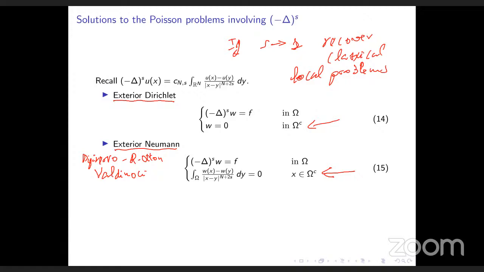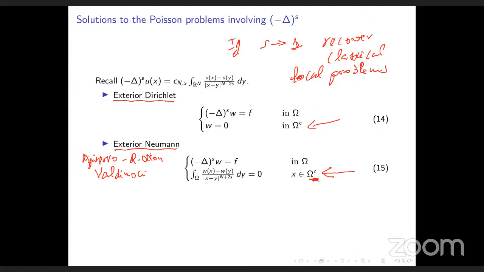And since then it attracted many people. And in fact, there are interesting probabilistic interpretations. It was recently, I think, Vondraček who also constructed processes related to this type of Neumann boundary condition, in which case particles are allowed to jump in the exterior of omega, but whenever they jump, they are reflected again inside omega.